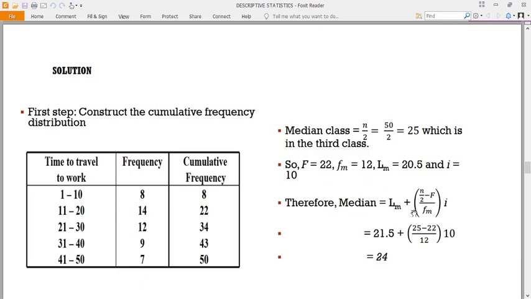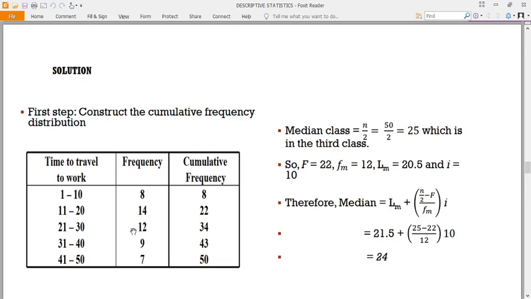Then the other thing to look at is the frequency within, the frequency that has the cumulative frequency of the median class. When we come to the frequency column, our frequency within is 12. So that's why we have a 12.